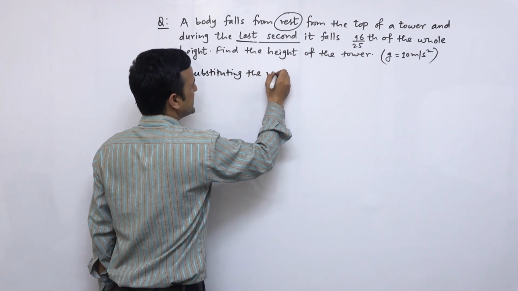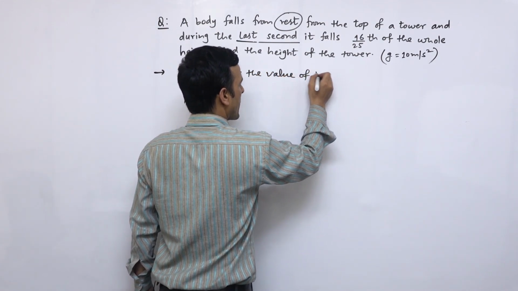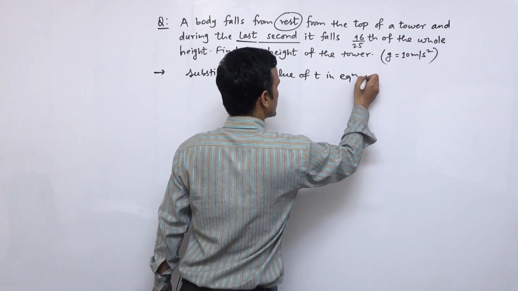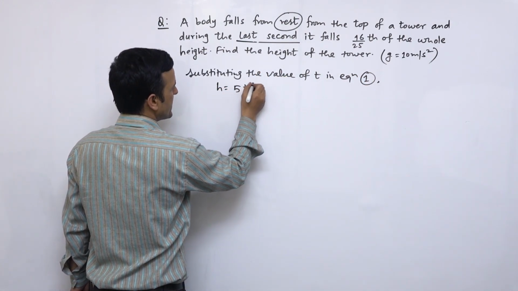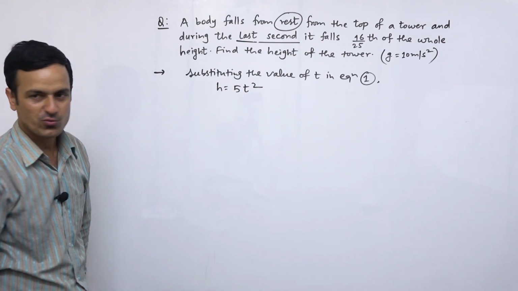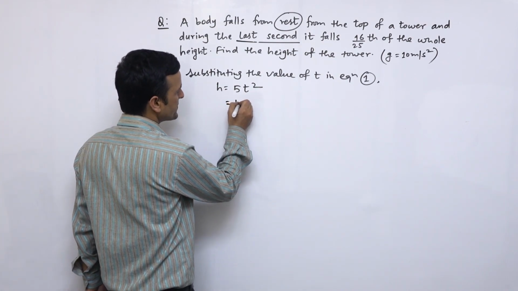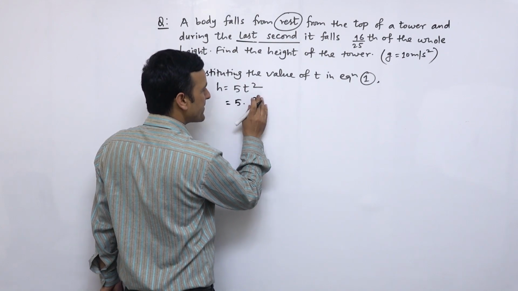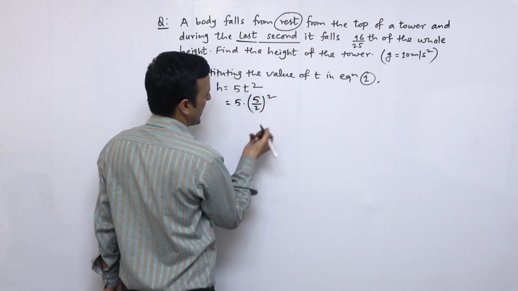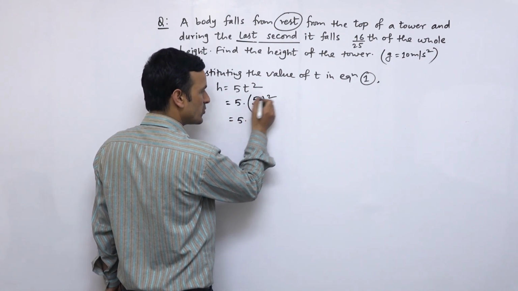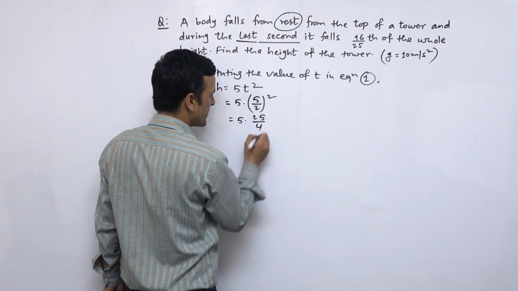So substituting the value of t in equation 1, and equation 1 is h is equal to 5t square and the value of t is 5/2. 5 times (5/2) whole square, and 5 square means 25 divided by 4.